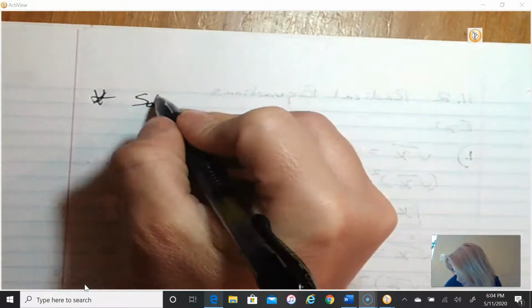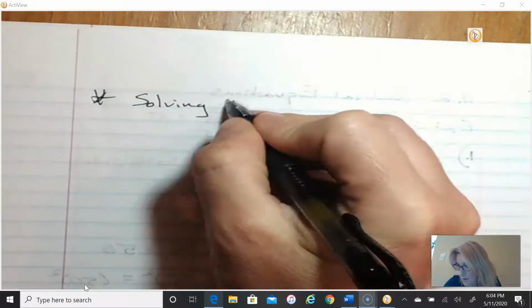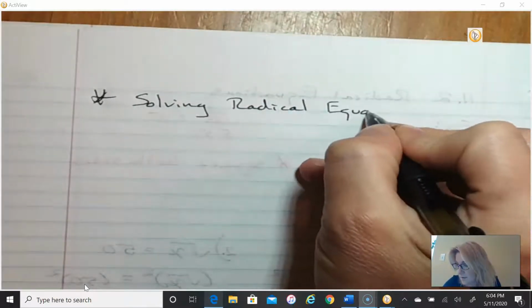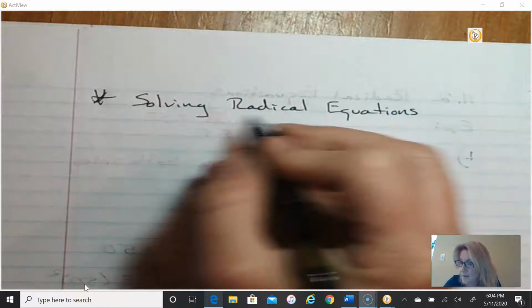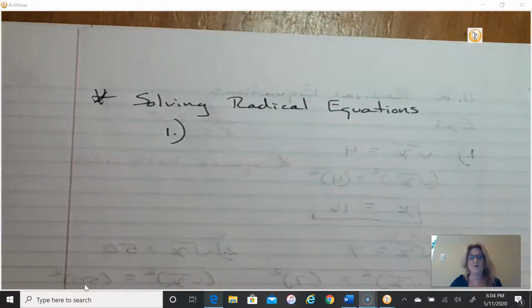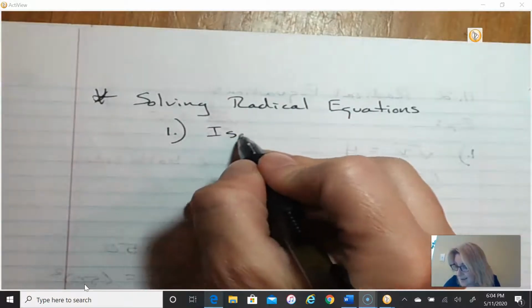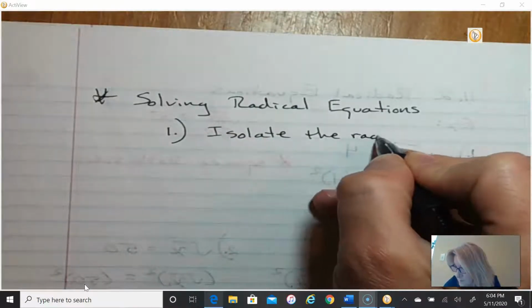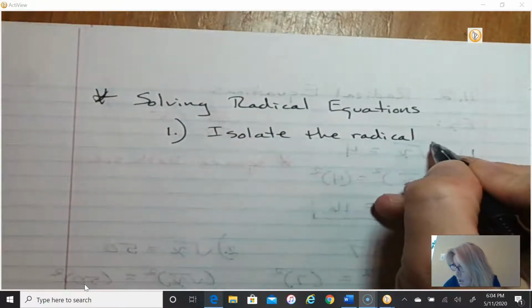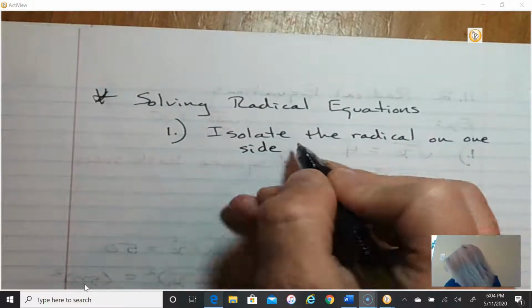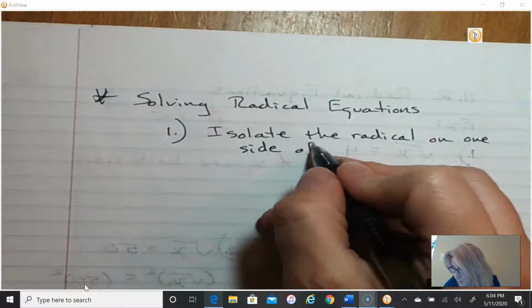All right, when solving radical equations, step 1, we're going to go a little bit further than what we just did. You're going to isolate the radical on one side of the equation.